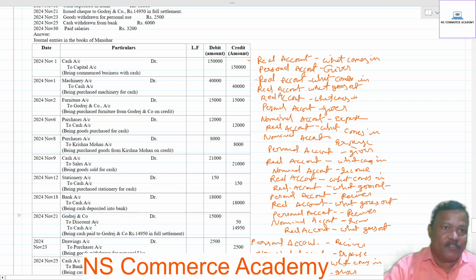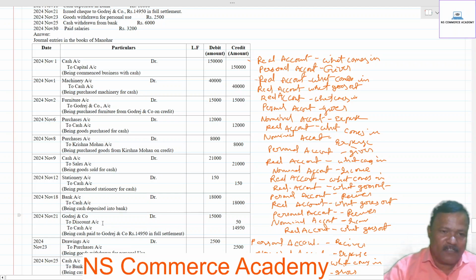Okay. Come to the next transaction. Issued cheque to Godrej company rupees 14,000 in full settlement. Okay. So here first write the date column. In the date column, 2024 November 21, and here we have three accounts. One is Godrej account, second one is discount account, and third one is cash account.